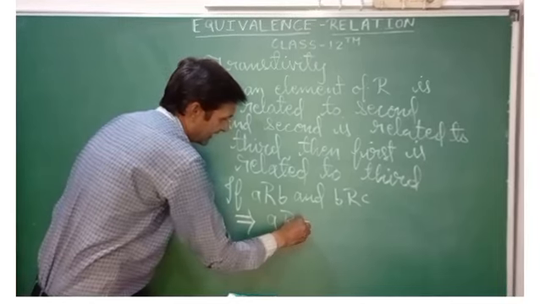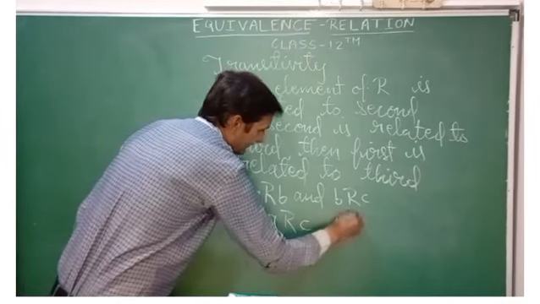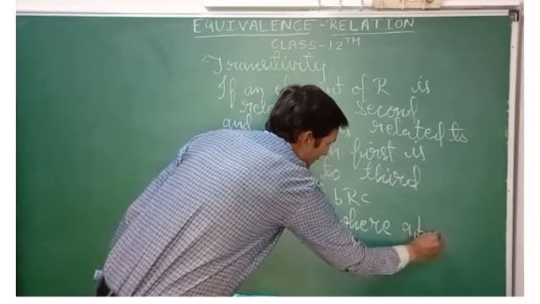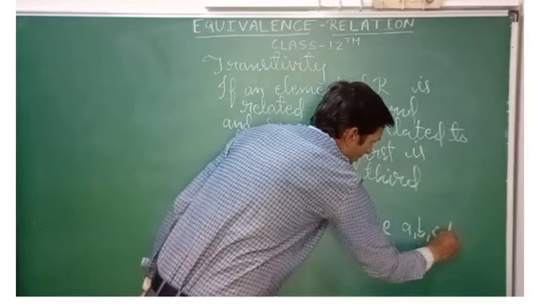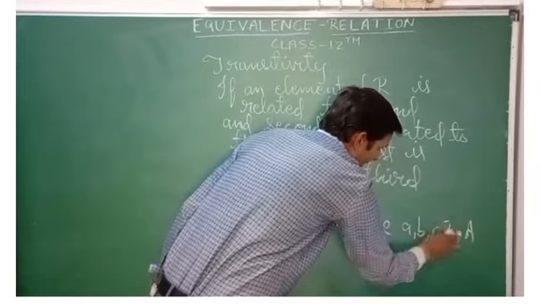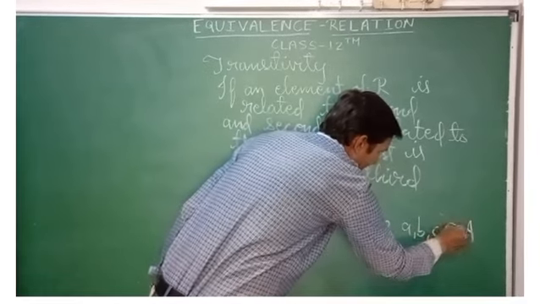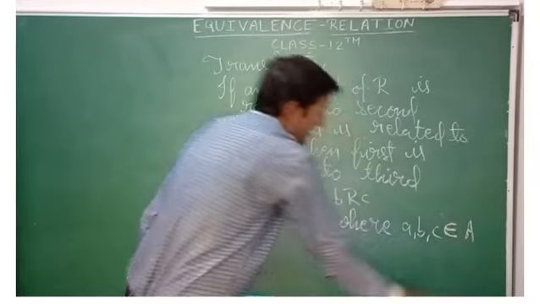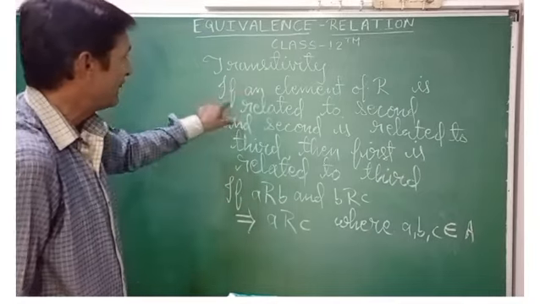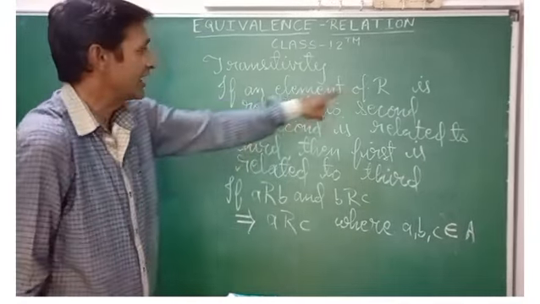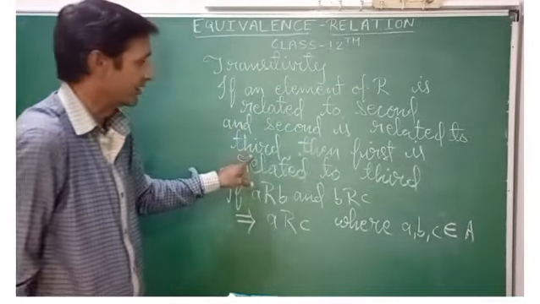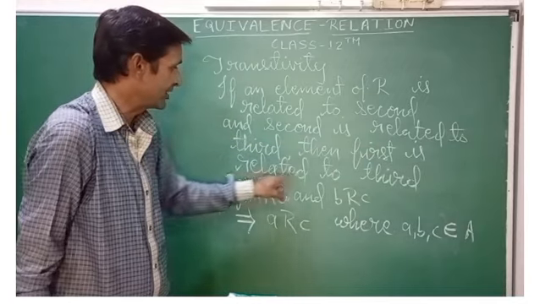This is called transitivity, where a, b, c are elements of A. In the previous property also a, b are elements of A. So if an element of relation R is related to a second and the second is related to a third, then the first is related to the third.